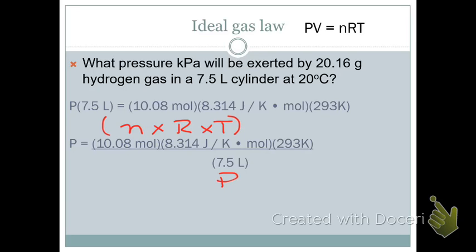Push the equal sign, and you should get 3,274. And since I am talking about kilopascals, make sure you give me the unit of kilopascals. Okay, pause the video if you need to, rewind if you need to, or keep going.